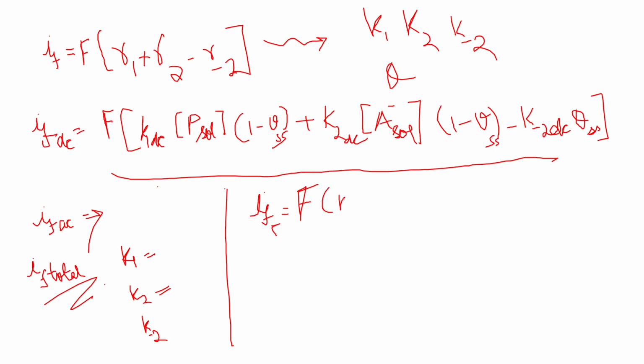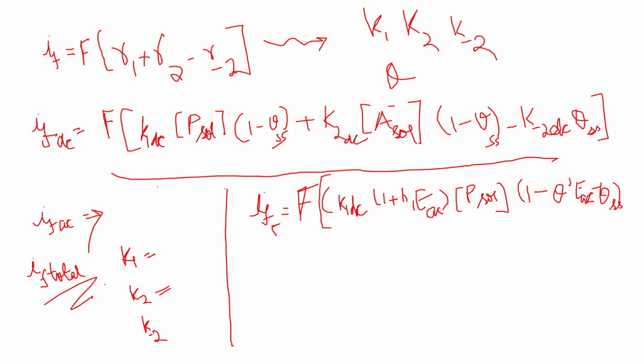F into K1 DC into 1 plus B1 EAC into P solution into 1 minus theta dash AC minus theta SS. So this will be the first step, okay?